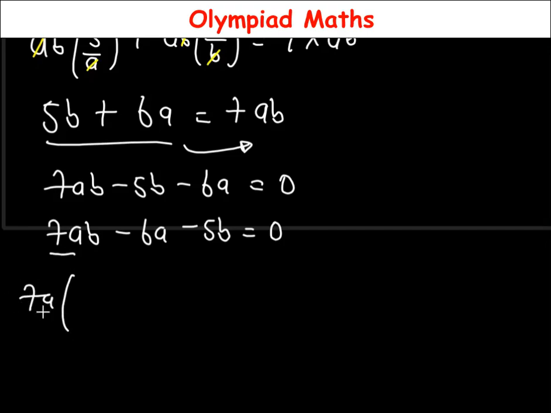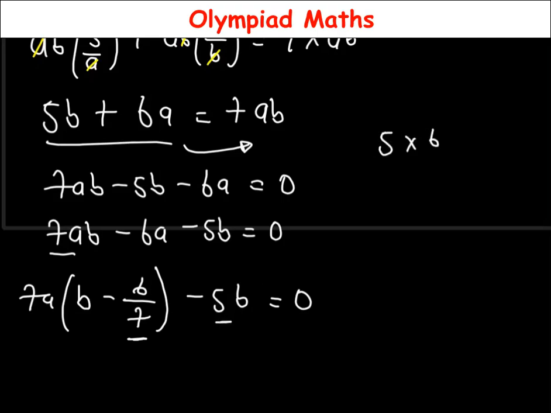If we factorize out 7a from 7ab, we are left with b, then minus. If we factorize out 7a from 6a, we are left with 6 over 7, then we have minus 5b, all equal to 0. At this junction, we look at 6 over 7 and multiply it by 5. So 5 times 6 over 7, 5 times 6 is 30, all over 7.